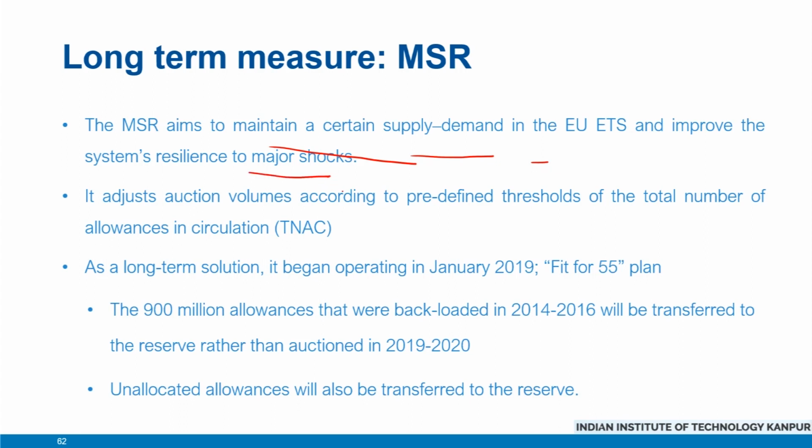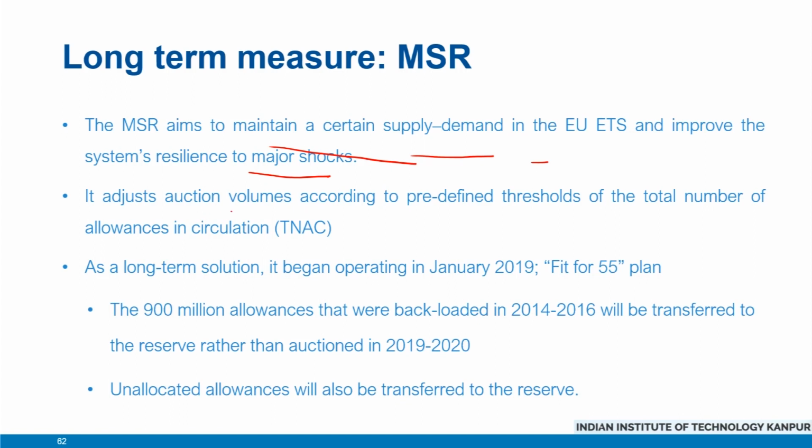By targeting both the oversupply and undersupply in the secondary markets, this MSR seeks to avoid excessively low and high prices, and thus aims to provide stability for the European Union Emission Trading System by addressing the current surplus of allowances problem and also improving the system's resilience to major shocks by adjusting the supply of allowances to be auctioned.